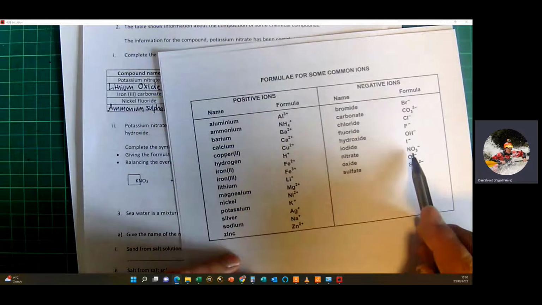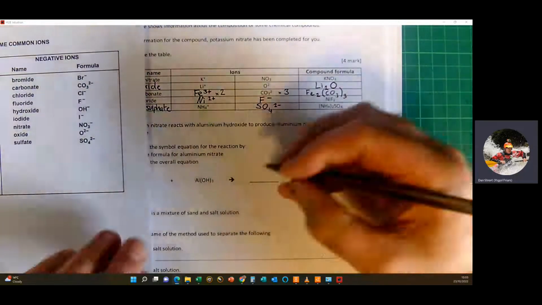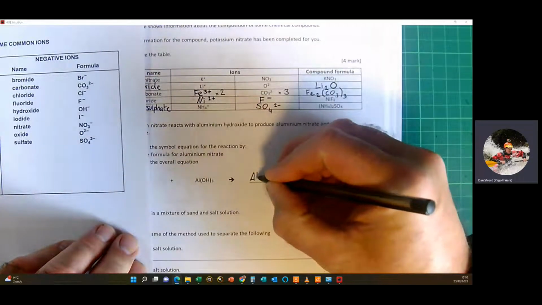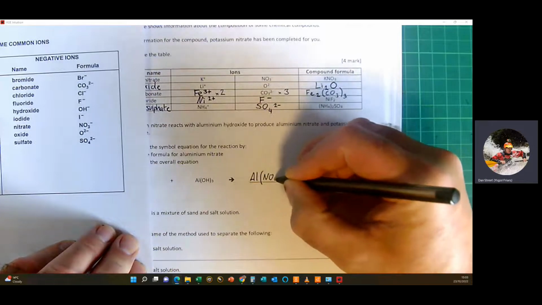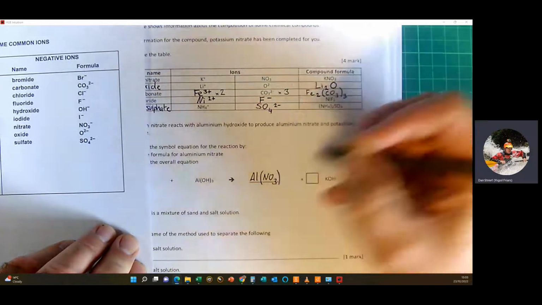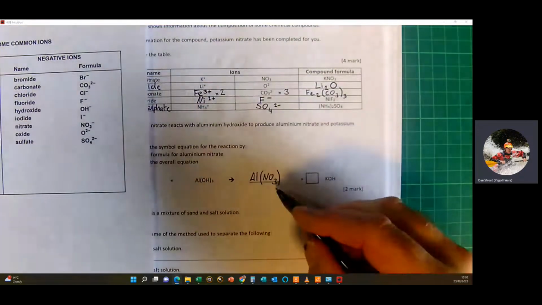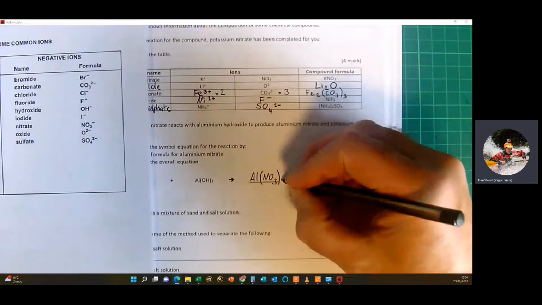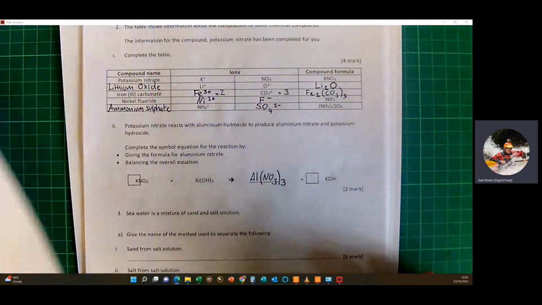And because this is a compound ion, we will need to use brackets to write that formula down. So the formula is Al, we just need one of those. Then we open a bracket to put the NO3 into. And as we've already discussed, because aluminium ion is 3 plus and the nitrate is simply minus, we'll need 3 of those. Okay, so that was for the first mark.